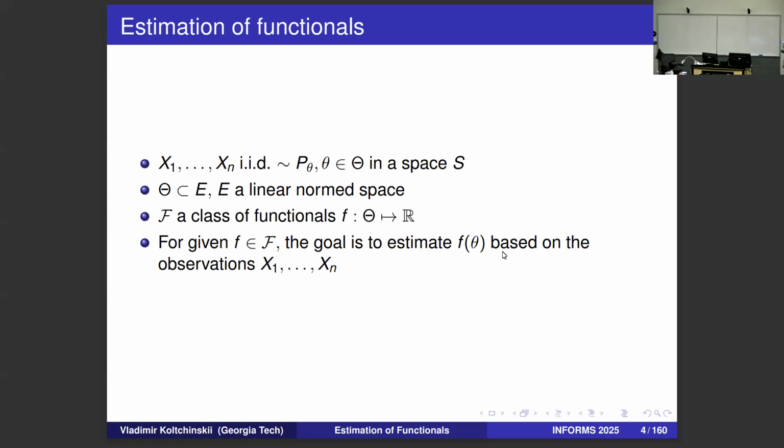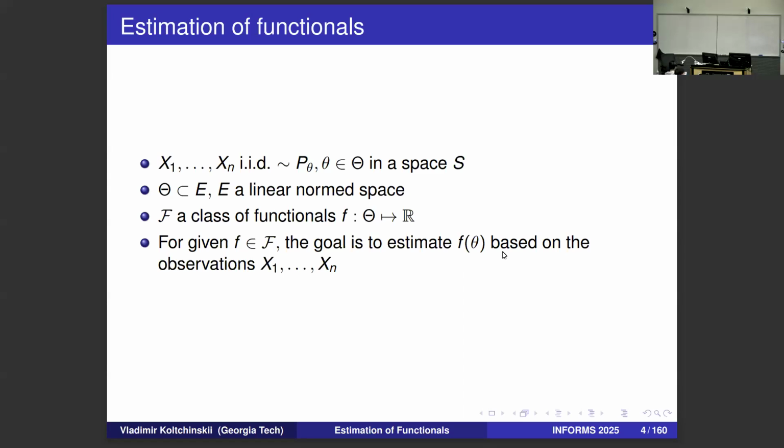So you don't want to estimate the parameter as a whole, but rather a certain specific feature associated with this complex parameter, and you have some general knowledge about what kind of feature it is, encoded by the condition that the functional comes from a certain class. For instance, you can think of features that smoothly depend on the parameter in some sense.